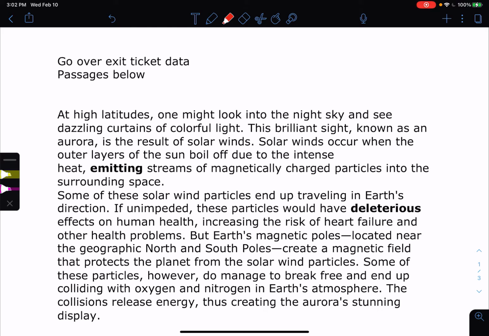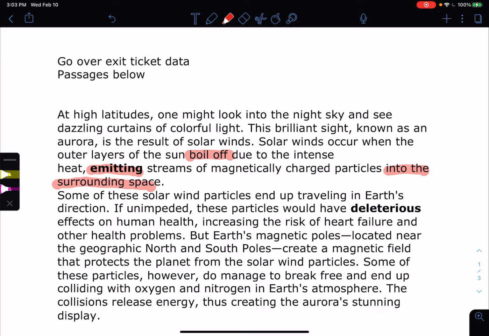Solar winds occur when the outer layer of the sun boils off due to the intense heat, emitting, so this is the word that we're trying to figure out, streams of magnetically charged particles into the surrounding space.